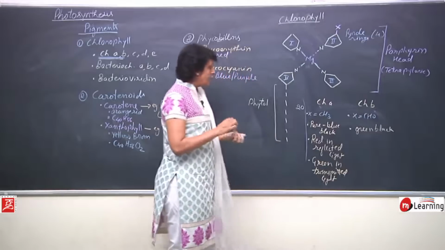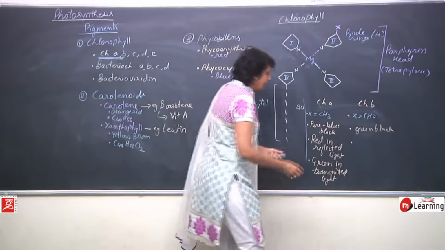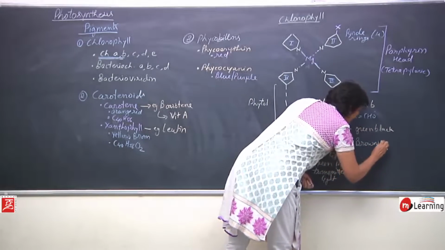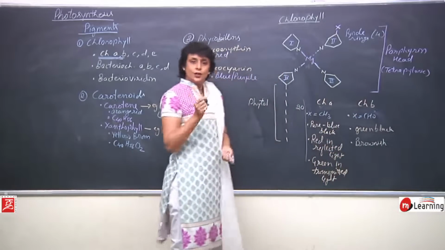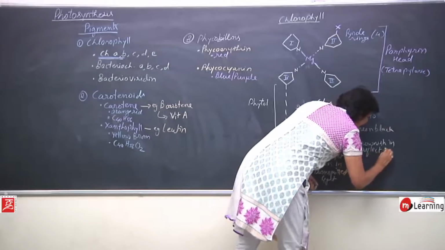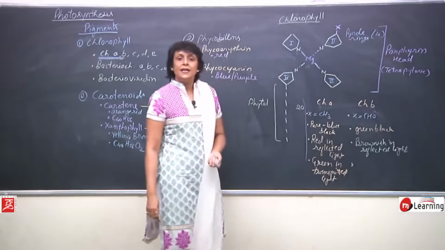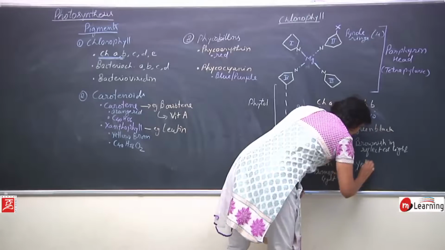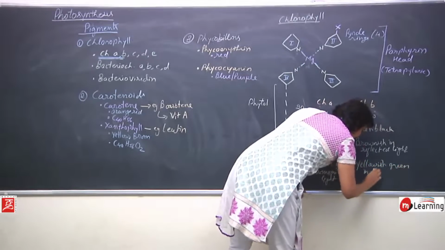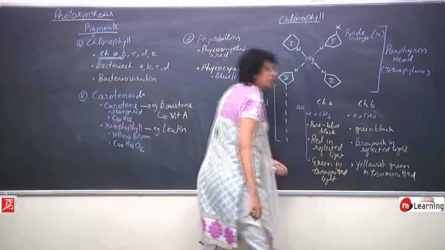What about this chlorophyll B now? It is green-black in its pure form. In reflected light it looks brownish with a little reddish tinge in it, and yellowish green in transmitted light.